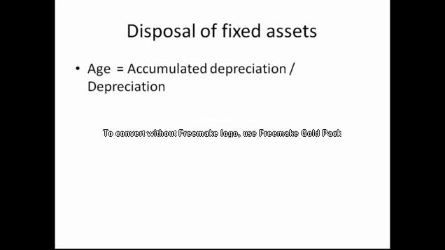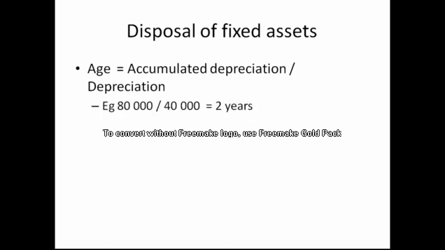So if we divide that total depreciation, namely the accumulated depreciation, by the depreciation for a year, we will get the age of a fixed asset. Take note that this only works for the straight line method of depreciation, or the cost method of depreciation. It does not work for the diminishing or reduced balance method of depreciation.